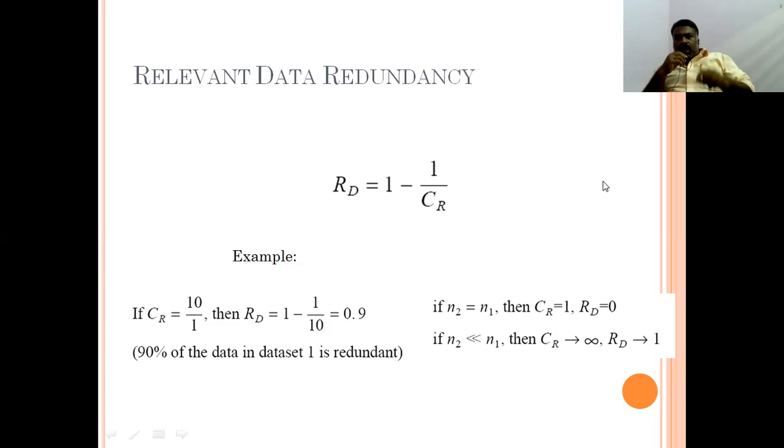So here is the relevant data redundancy: some of the content that should be relevant to each other, which is necessary to present repeatedly. Instead of allocating a dedicated storage space for the redundant content, we allocate a common place for the redundant content in order to save storage space.